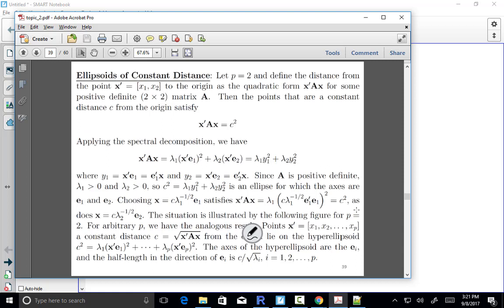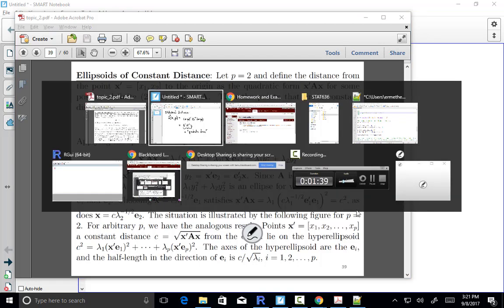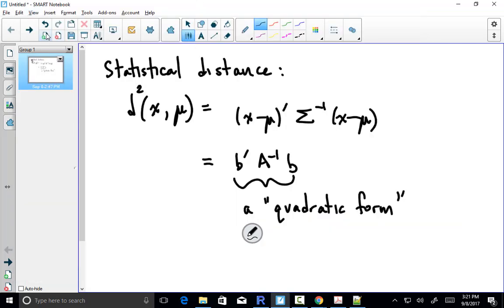We will have to slog through this slide for one homework problem. It's lots of mess, but let me tell you what the idea is, at least. Let me come over here.